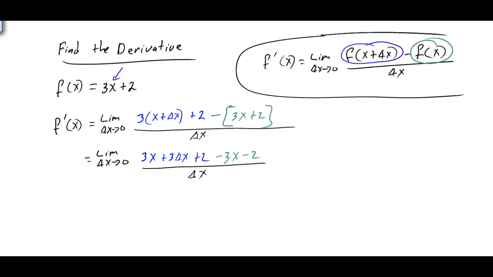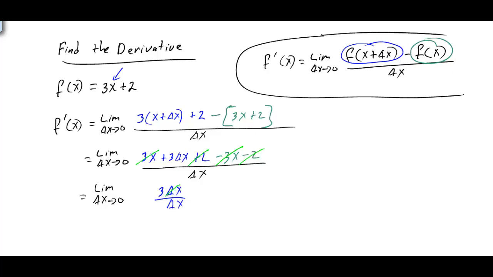Recall the main goal is to get this delta x to cancel out. So we need to continue to simplify the numerator. And if you look closely, the 3x, negative 3x cancels, positive 2, negative 2 cancels, and we're left with a 3 delta x on top and a delta x on the bottom.